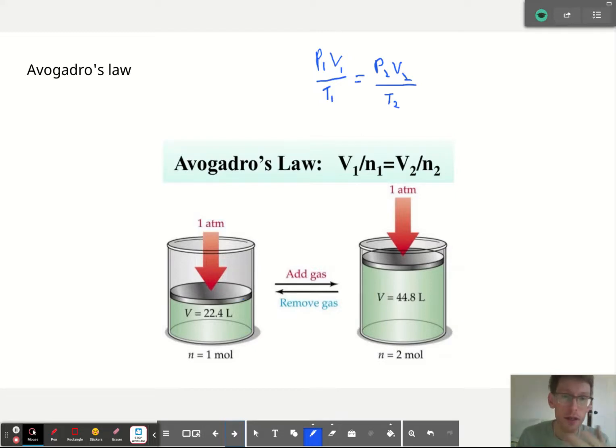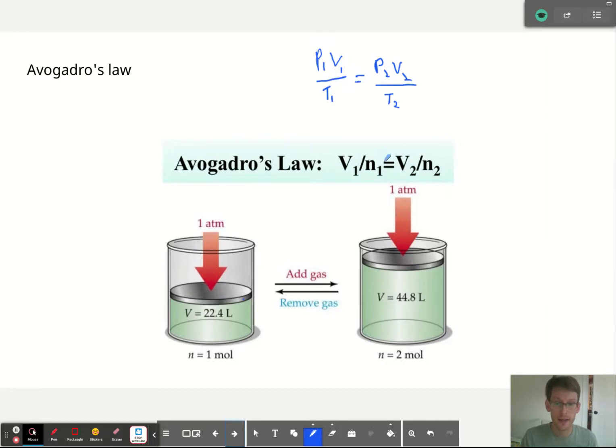If we change the temperature, then what happens to pressure and volume, for example? But this is assuming a constant sample of gas, that we start off with a certain number of gas particles and we end up with the same. We're not changing that. Avogadro's law explains the relationship between volume and moles of a gas.